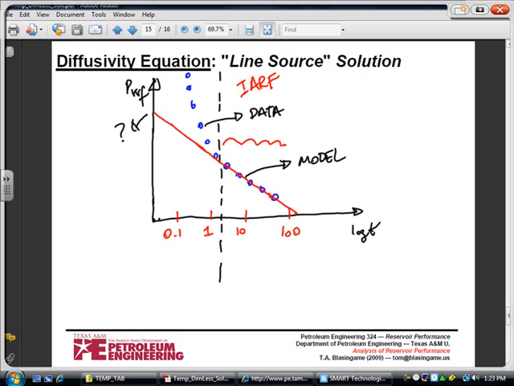That's correct, because the intercept at, and the intercept will be here, 1. And you will read the value of this. And this is called P1 hour in the equation you already saw.